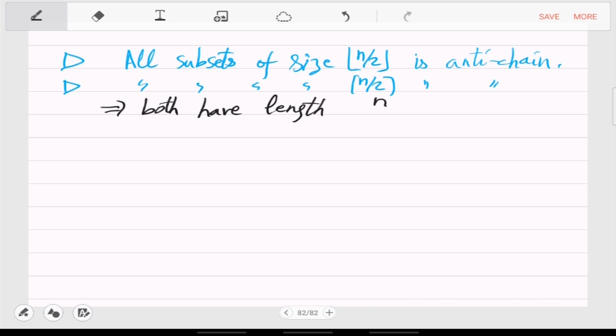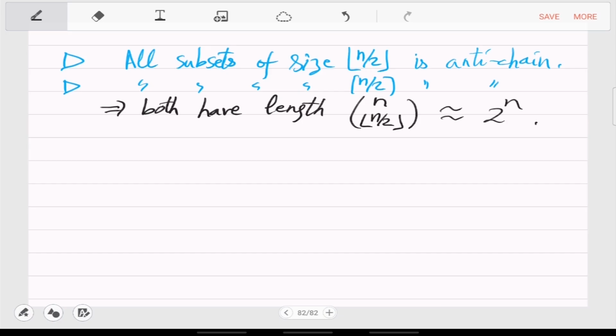That is N choose floor of n by 2. This is very close to 2 raised to n. This is a lot of subsets that you are getting, very different from a chain. Any questions here?